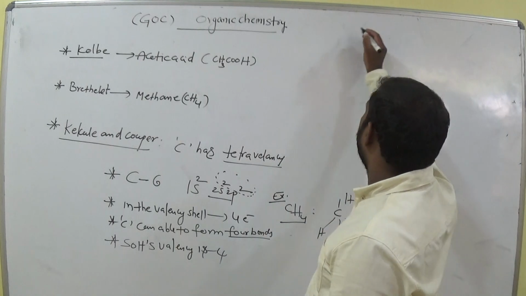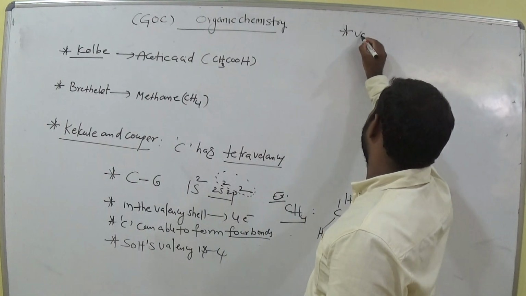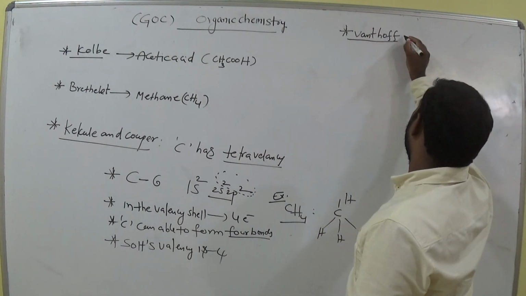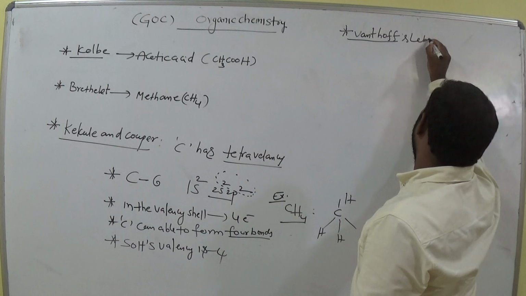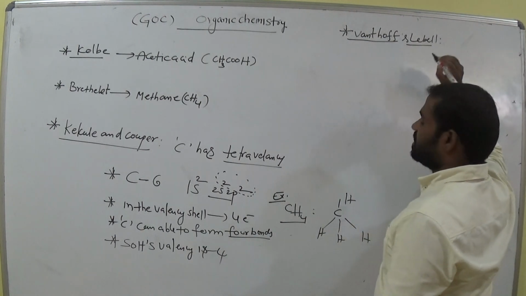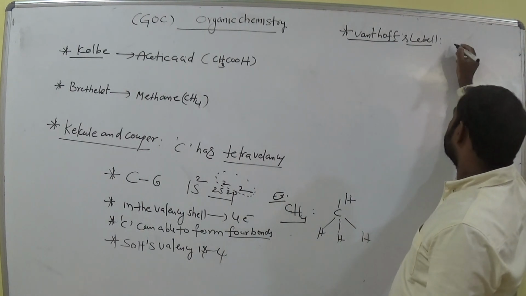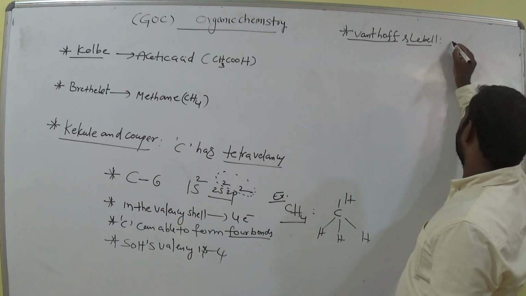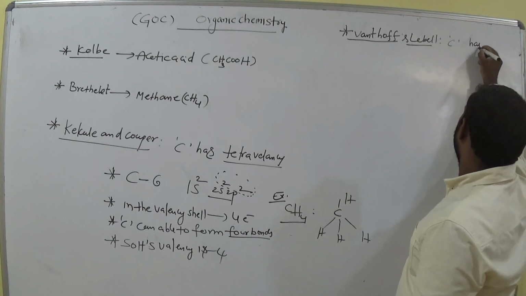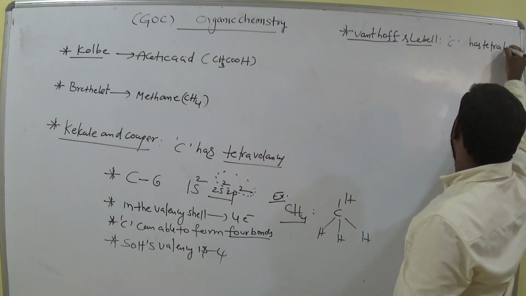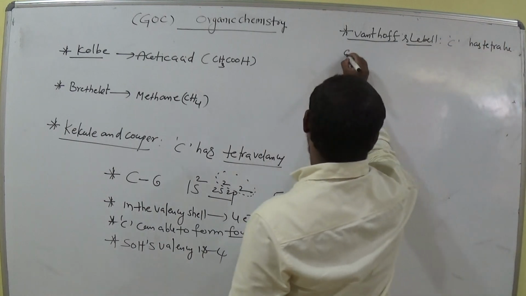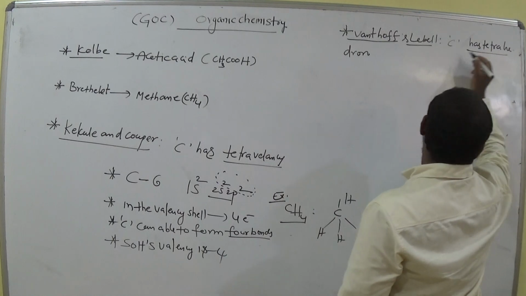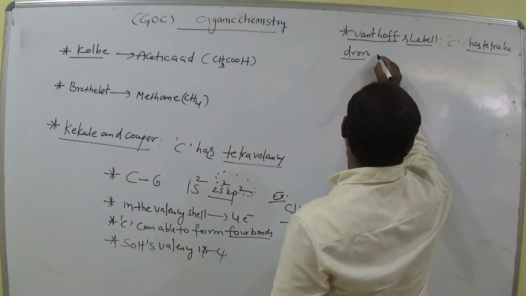Okay, and Van Hoff is also one of the scientists. According to Van Hoff and Liebel, both are scientists, they proposed that carbon compounds have a tetrahedron shape.